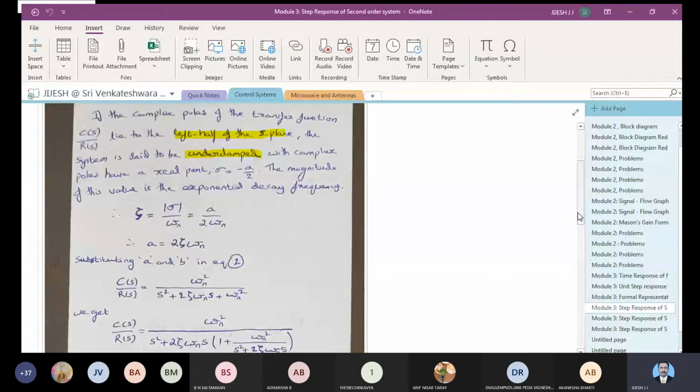So all of you have completed that. Then we have found A as well as B. B is omega n square, and A is 2 zeta omega n.